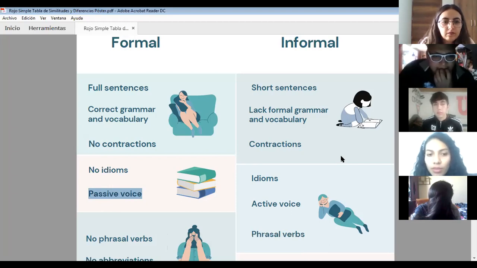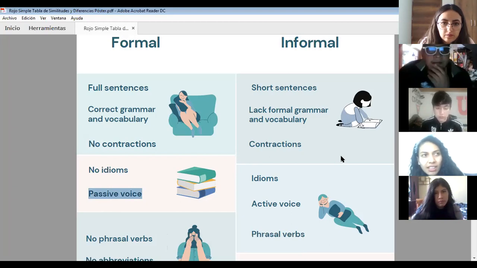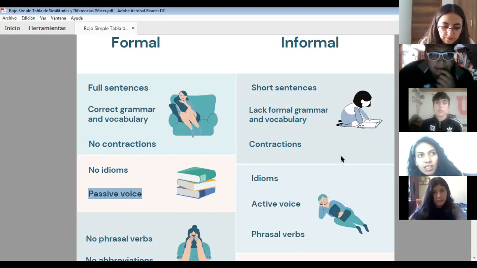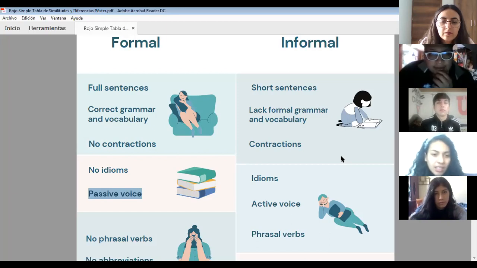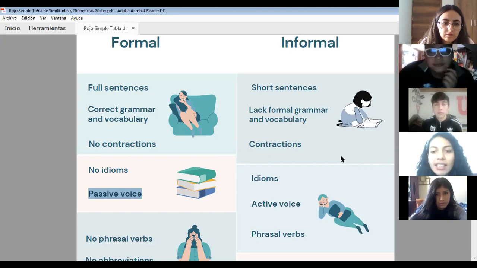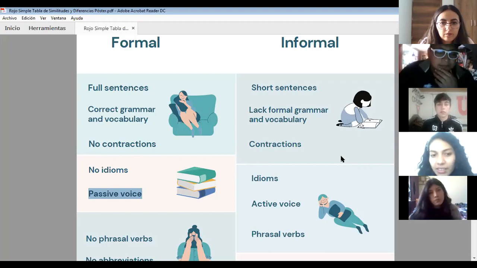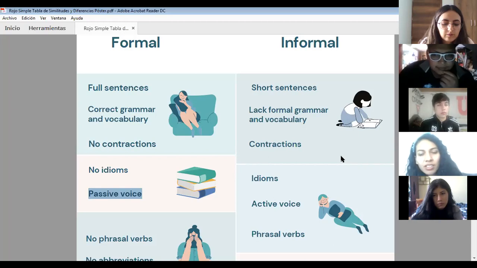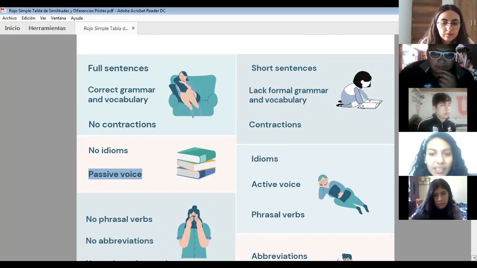Okay, so the passive voice is like saying he was delayed, where you put the verb with ed, like in the past. And active voice is, for example, you say, hey, hello, how are you? It's very direct. The passive voice is more like in the third person, not direct. And the active is more direct.